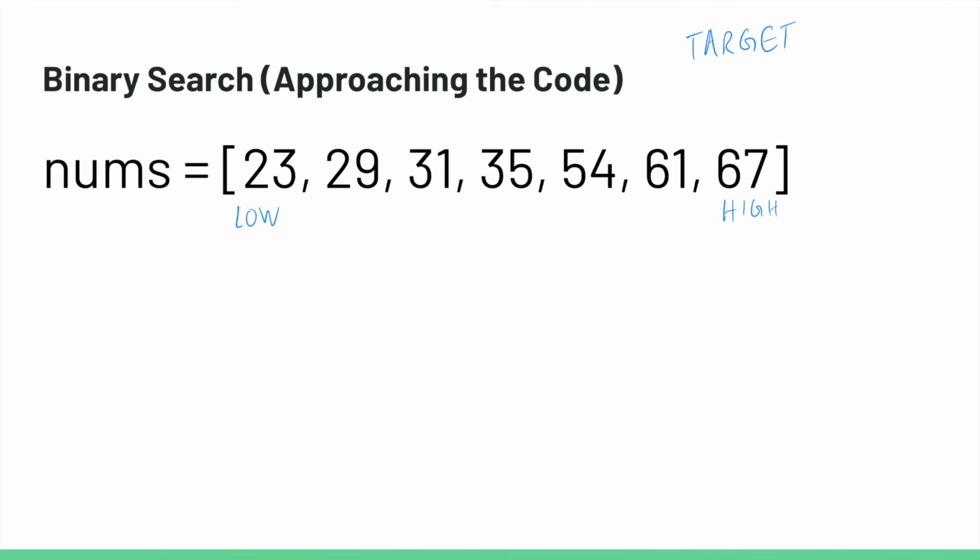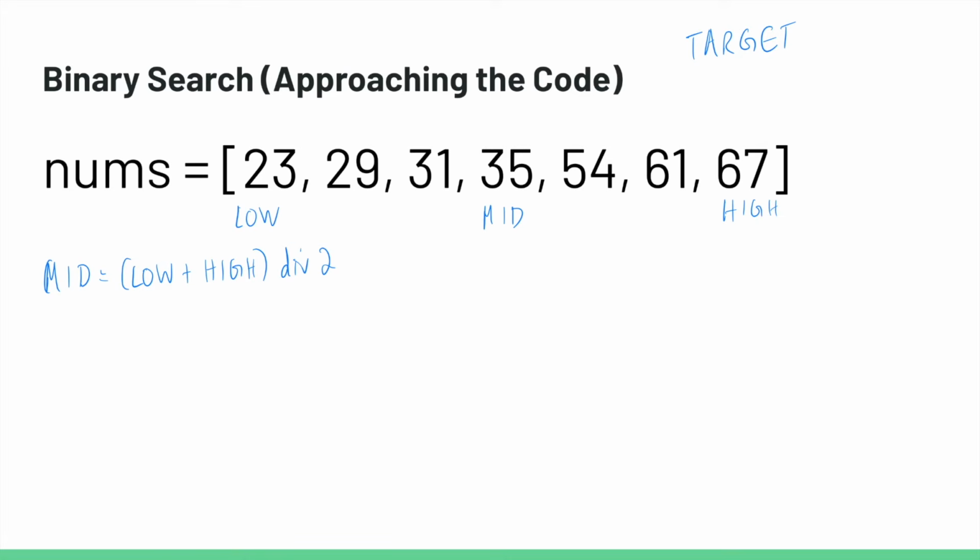Now, mid is going to be, we'll say mid equals low plus high div 2, following the mathematical formula we went over in the previous examples. So at least when we start out, mid is going to be assigned to 35, because high is at 6 and low is at 0, and that would make mid 3.